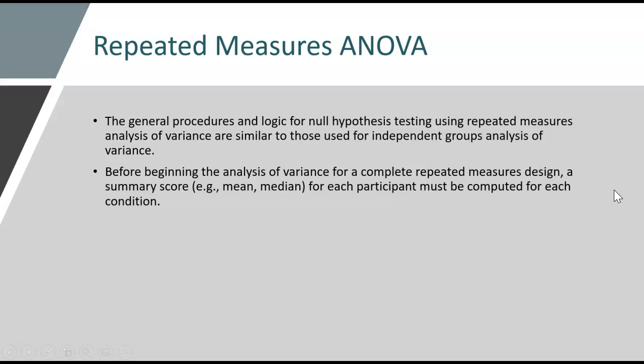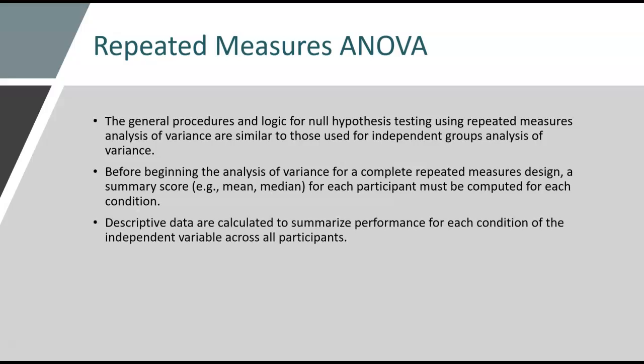So before you begin the analysis of variance for what's called a complete repeated measures design, you look at your summary scores, your descriptive statistics, and those are calculated for each condition of the experiment. They represent summarizing the performance for each condition. One of my SCEs last year had a repeated measures design where they took measures of heart rate variability, among other dependent variables, at 3 separate points in time.